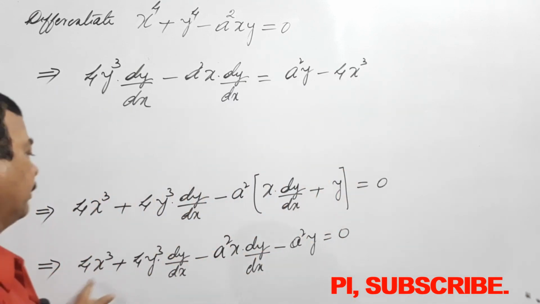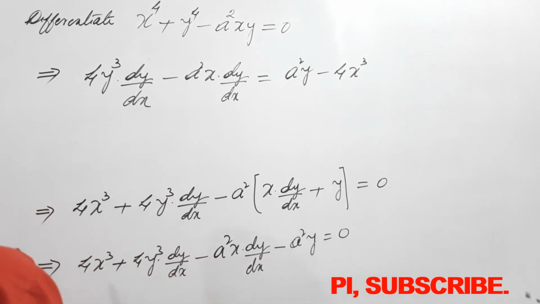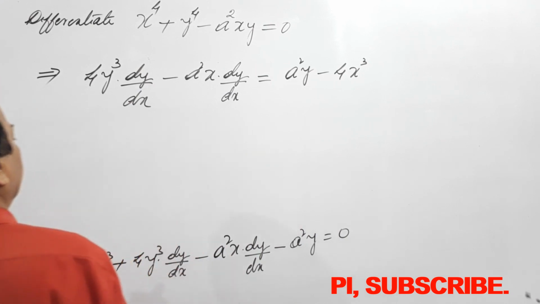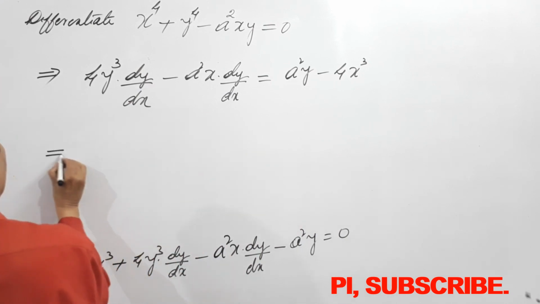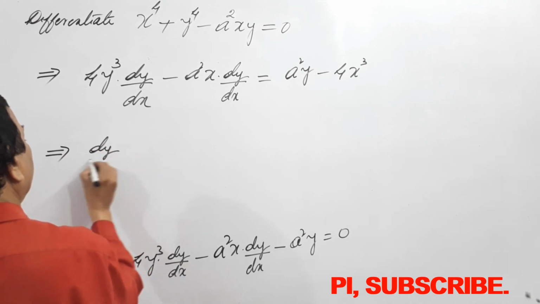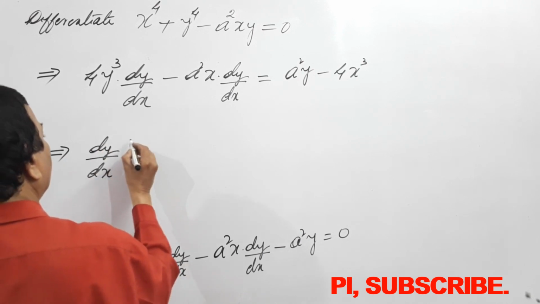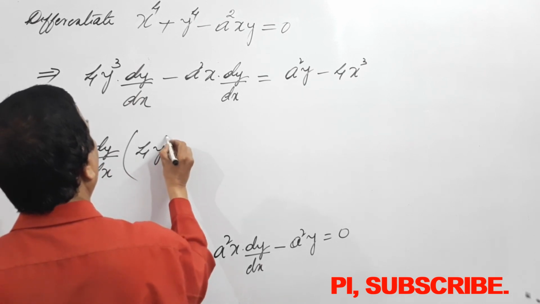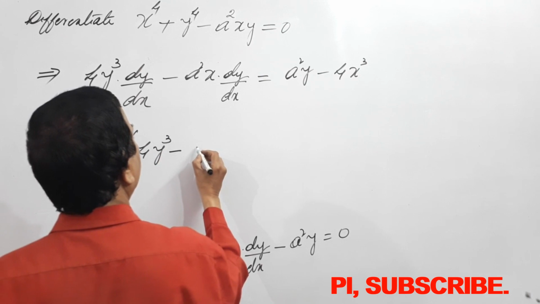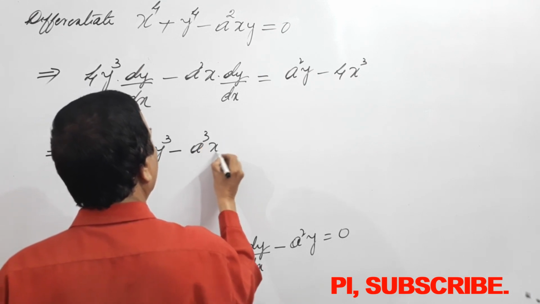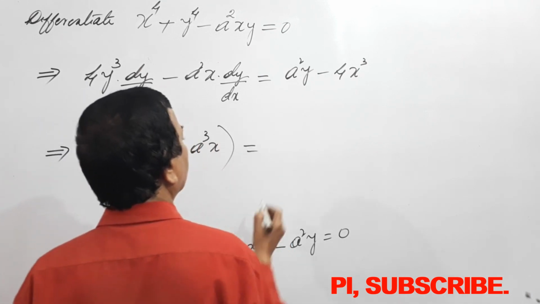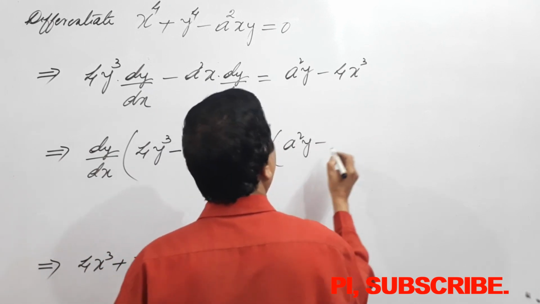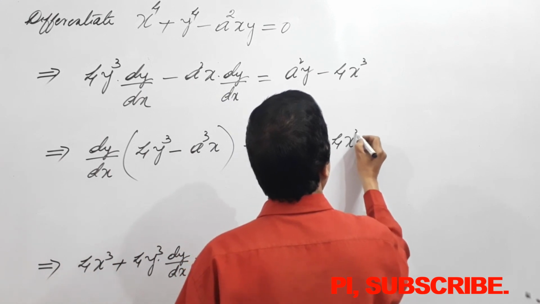So I will take dy by dx common, we left it what? That is 4y cube minus a square x equals to a square y minus 4x cube.